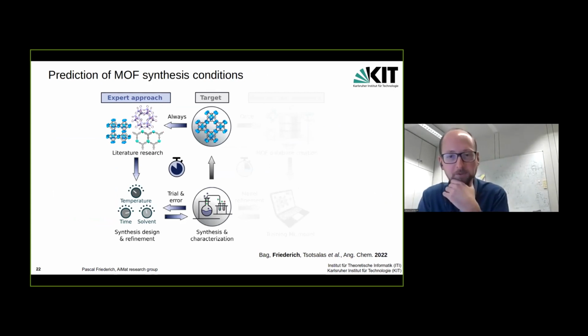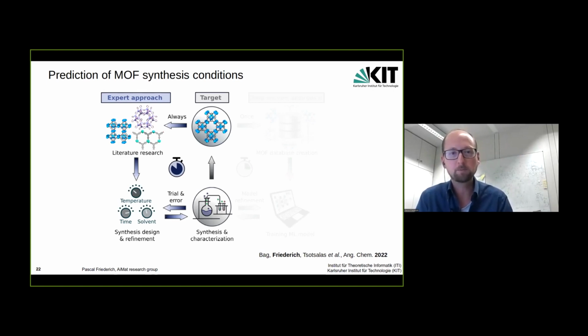Last topic I would like to talk about before I come to the end of my talk was using machine learning models to predict synthesis conditions. And here we looked into a project on metal organic framework synthesis, and the typical approach, if you have a target MOF that was maybe designed by a computational workflow, and it was shown, or at least on the computational side, that it has very good characteristics, properties that are needed for an application.